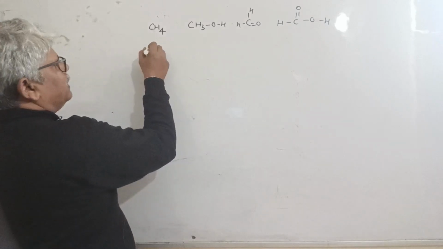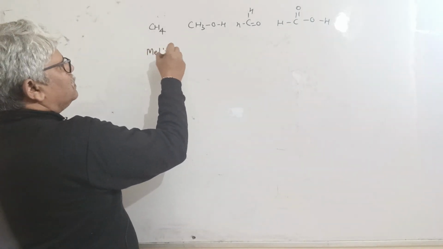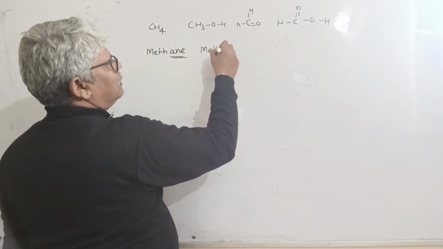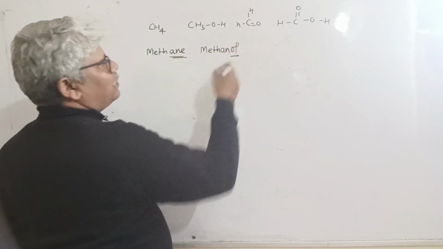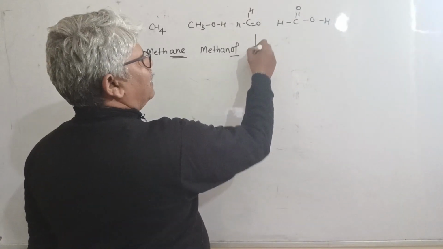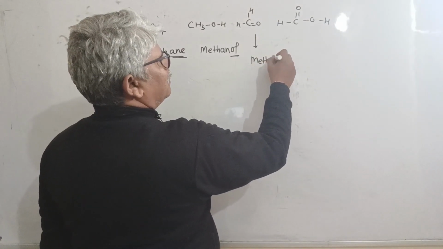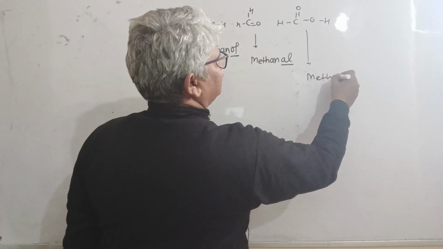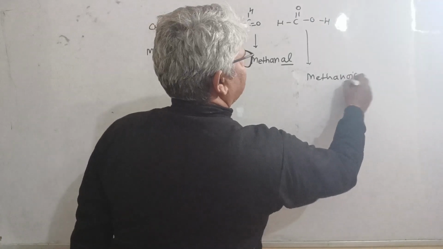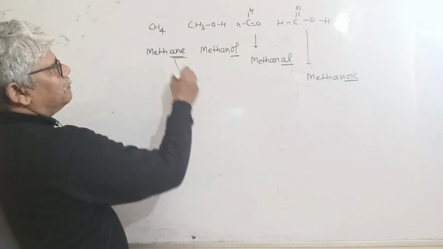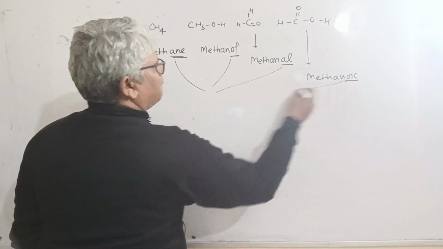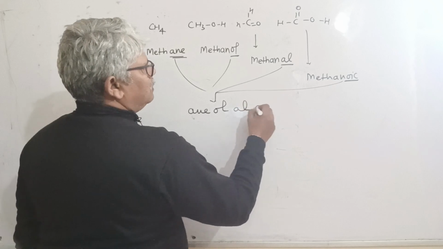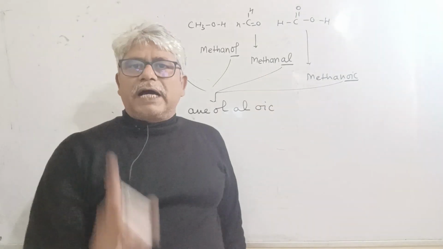So allow me to write the name: methane, I am separating ane; methanol, I am separating ol; methanal, I am separating al; and methanoic, I am separating oic. Join them together: ane, ol, al, oic.